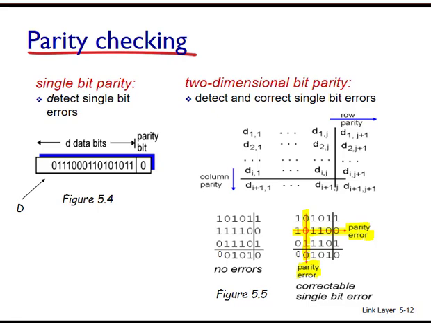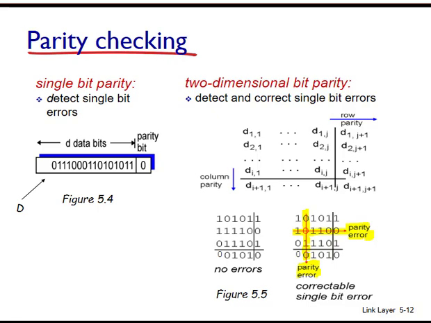Suppose that the information to be sent in this figure 5.4 has a certain number of bits. We'll use the variable D to represent those bits. In an even parity scheme, the sender simply includes one additional bit and chooses its value such that the total number of ones in D plus that one bit is even.